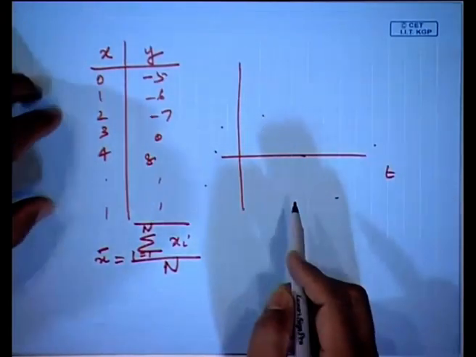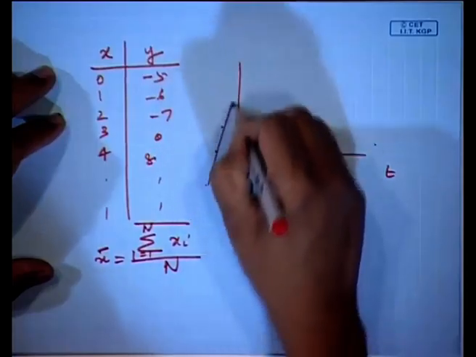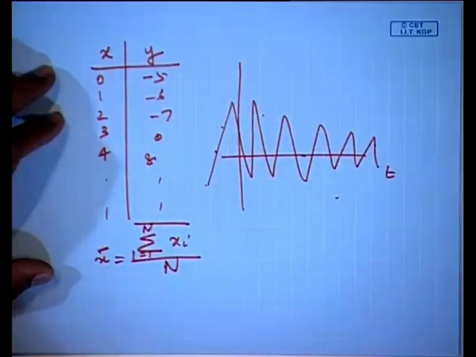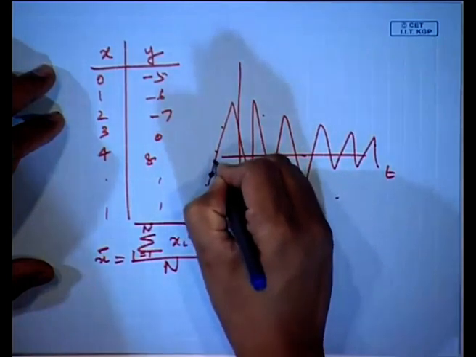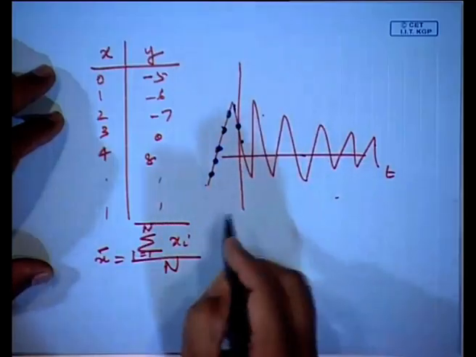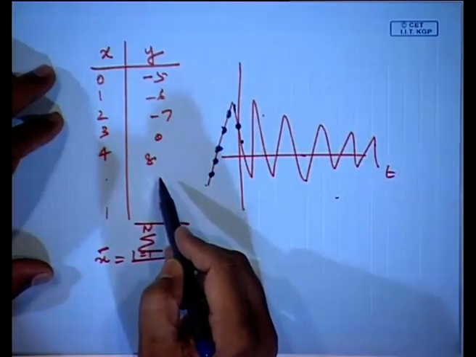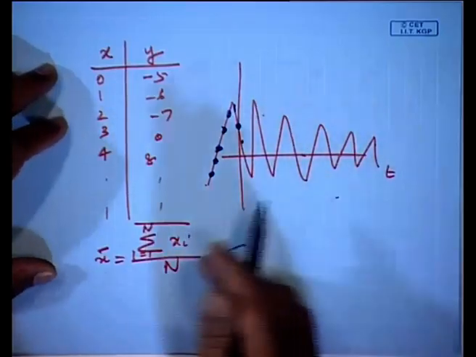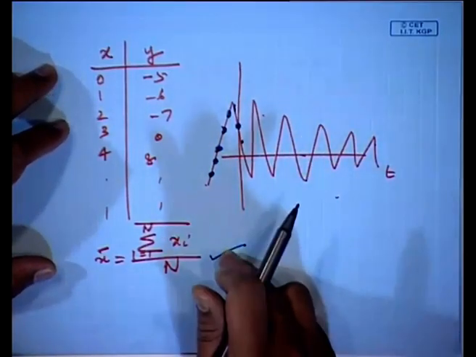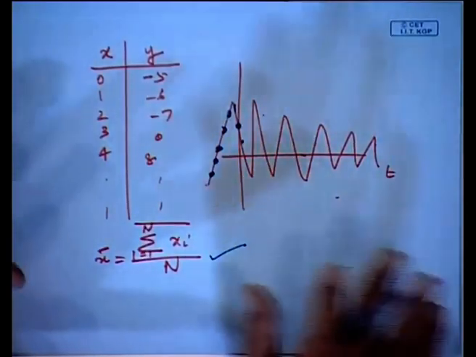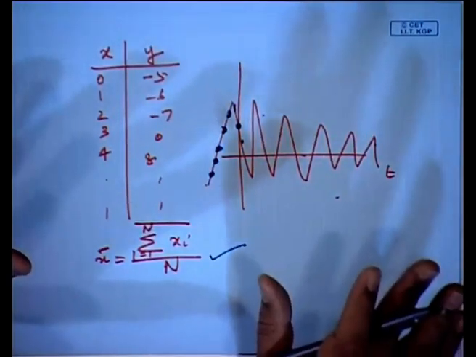The same signal, suppose my signal was like this, something like this, I can pick up data points very close, know the x and y values, use a simple equation like this, do a summation and find out the mean value. I can find the RMS value. So, the sky has not fallen on us, we can do it. Okay.